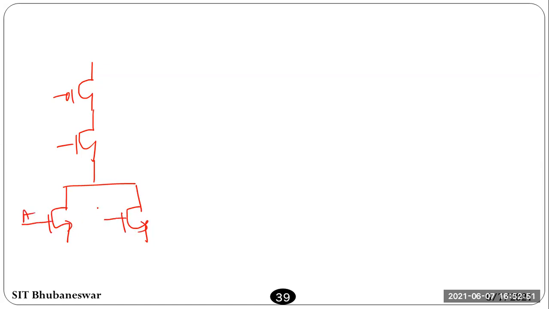So this is A, this is B. Okay, so this will connect to this and this one. So this is your VDD and this is your output. This is down, this is down.